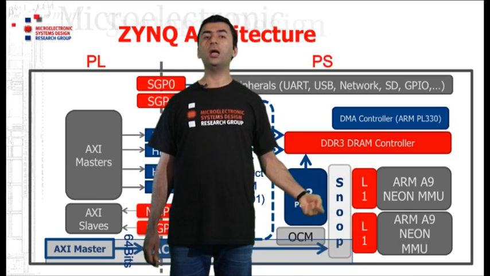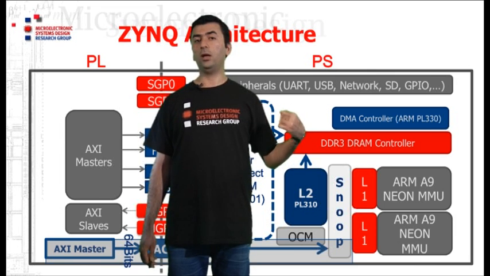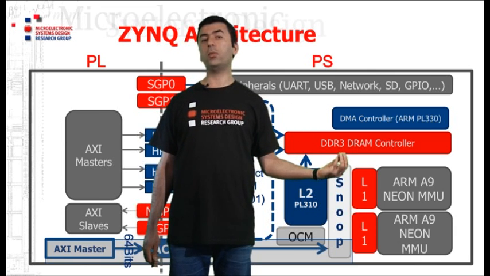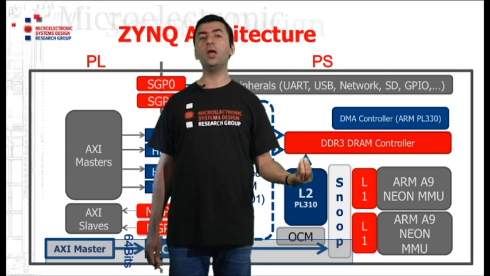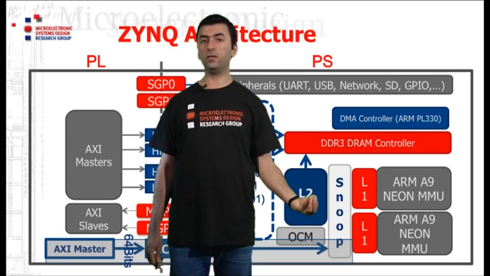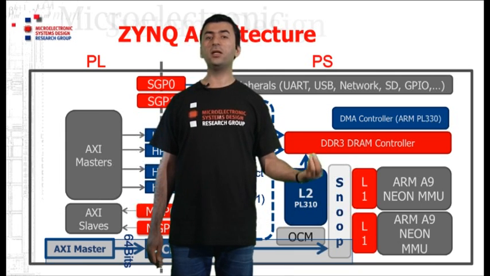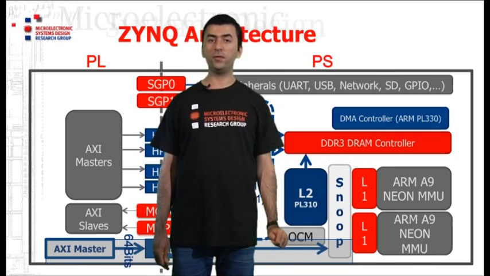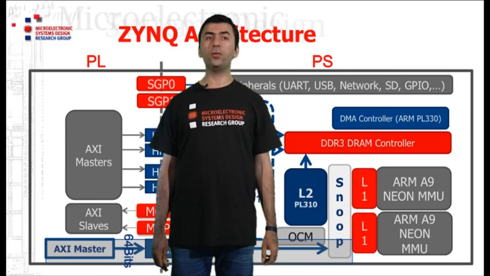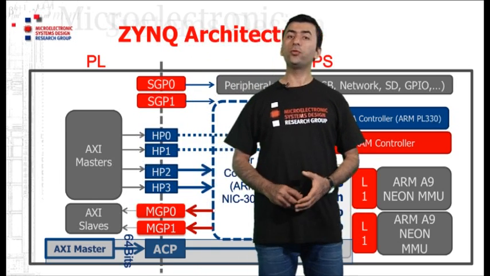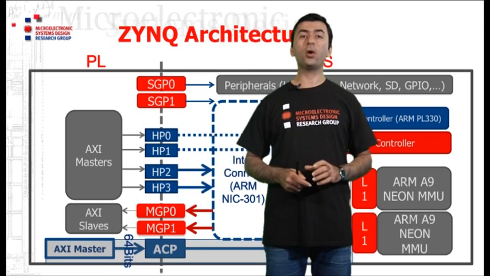And from there, it will be answered by the data stored in the DRAM memory. This, of course, introduces an additional latency, which may degrade the performance of your system. As we will see in future videos, using the ACP port should be done with extreme caution.